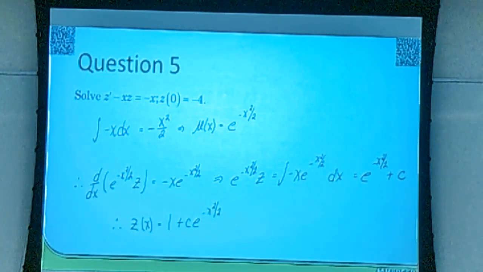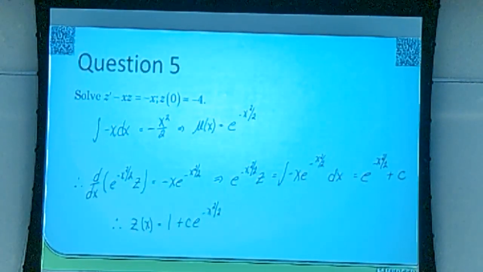But now we're given the initial condition. Second step of solving an IVP, use the initial condition to find your constant, or constants if you're dealing with higher order. Now we use the initial condition, z of 0 equals negative 4.